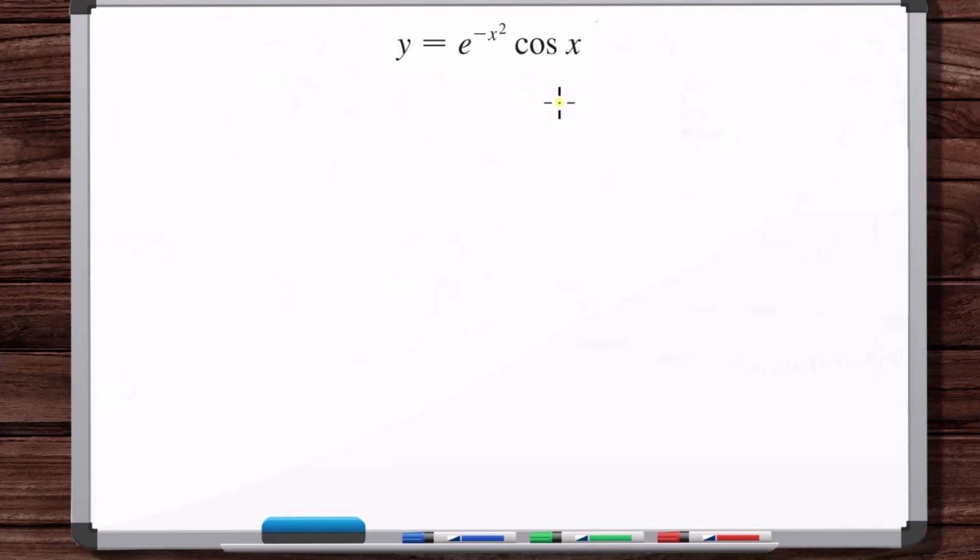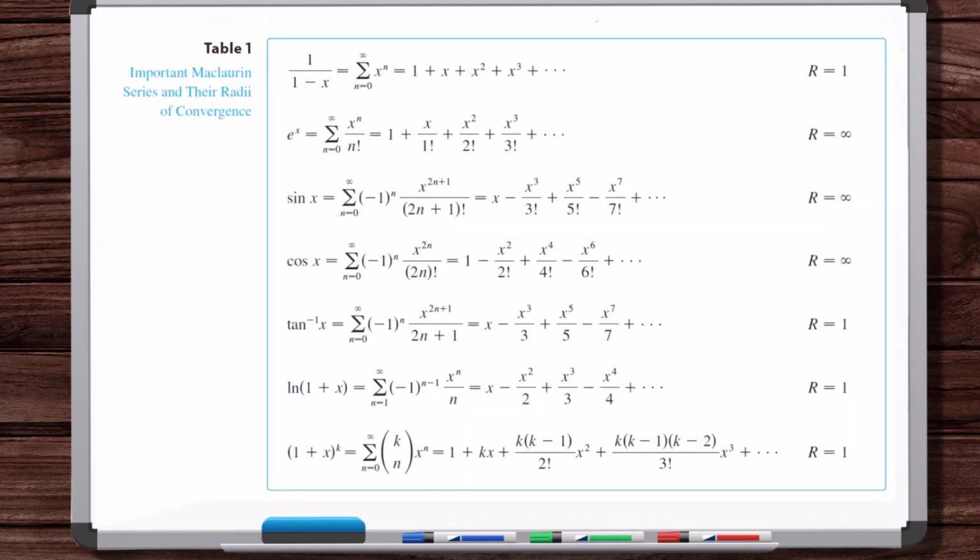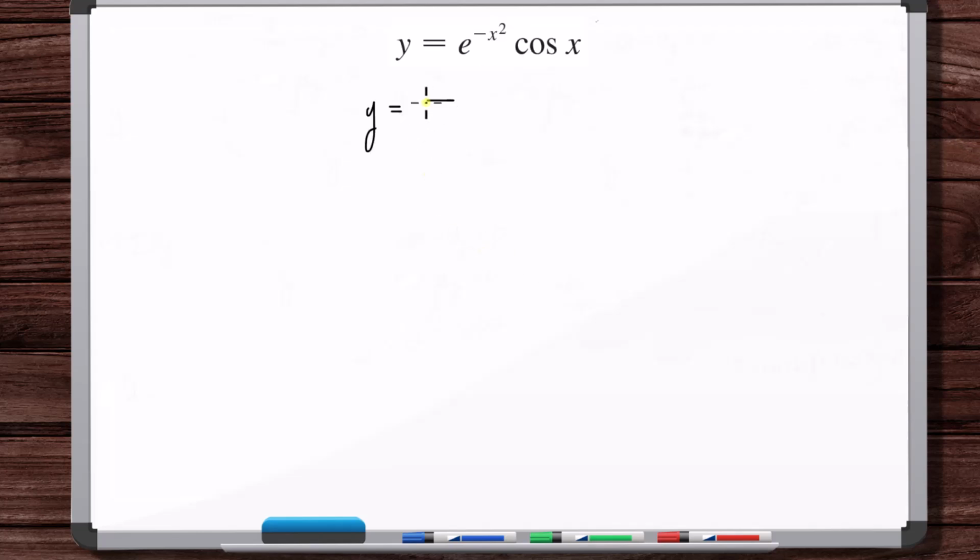In the video where we went through the section on multiplication and division of power series, we talked about how to multiply two power series. So y is equal to, we're not going to derive the power series for e to the minus x squared. We've done stuff like that plenty of times. All we would do is use this and plug in minus x squared.